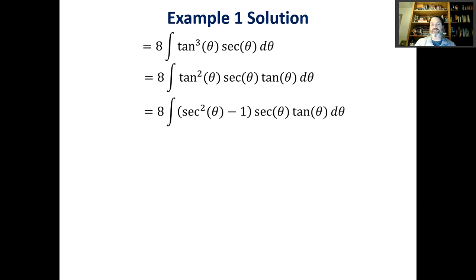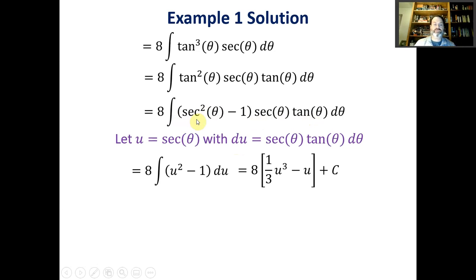And from here, it's just a u substitution. Because here's the derivative of u, and u will just be secant theta. So what we did is we did an inverse substitution. Now we're doing a u substitution.